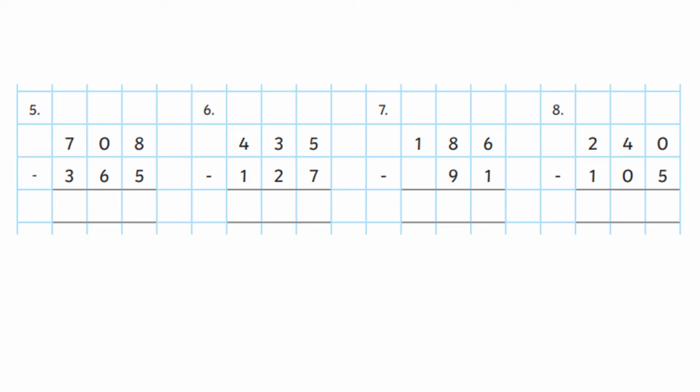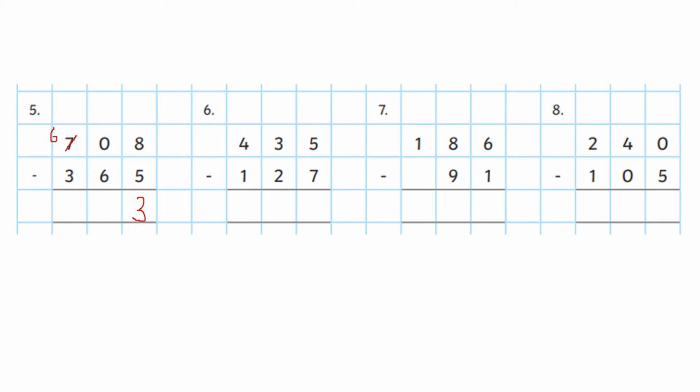Okay, so if you've pressed play, that means that you've now done the answers. So let's go through them. 8 take away 5 is 3. Now on this one you can see that the 0 is smaller than the 6. So we cannot do that. We can't just change it to 6 take away 0 because we would be changing the question. So instead we need to borrow from the hundreds column or exchange.